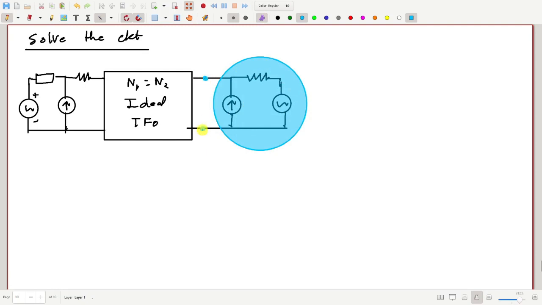Between these two nodes we can calculate the Thevenin equivalent VTH, ZTH. Now consider this part.